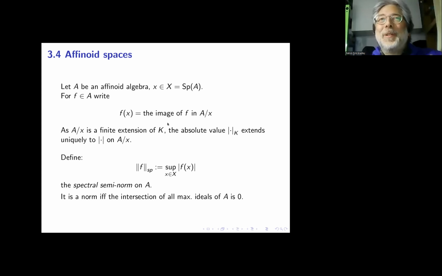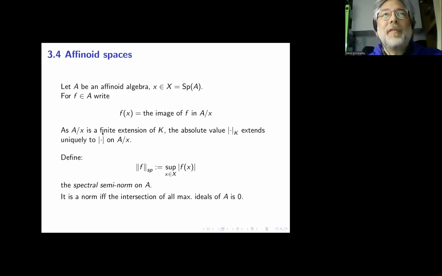So in general, the range could be different kinds of field depending on x. But of course, if you fix only a certain type of ideals, then you have a fixed extension field, and then you have a function into the field. Or you take the algebraic closure, then you always have a function from a point into the algebraic closure.